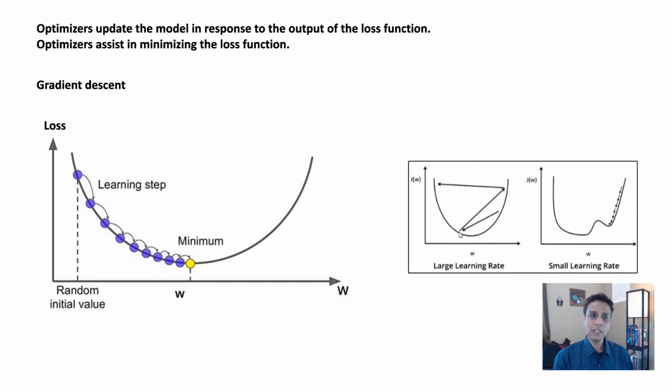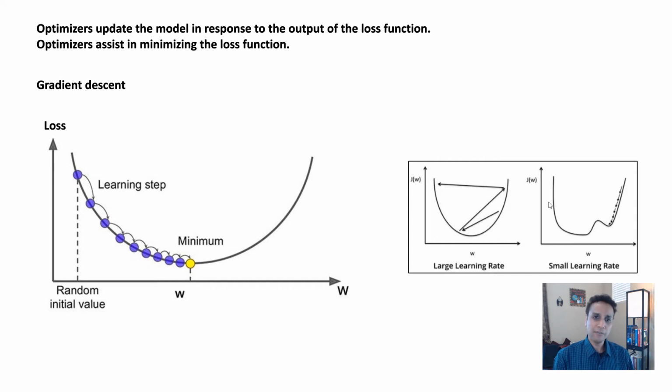But then if the learning rate is too high, you'll never reach the true minimum. You'll never reach this bottom point. On the other hand, if your learning rate is too small, then it will take more epochs, but you'll definitely find a much closer minimum compared to a larger learning rate.